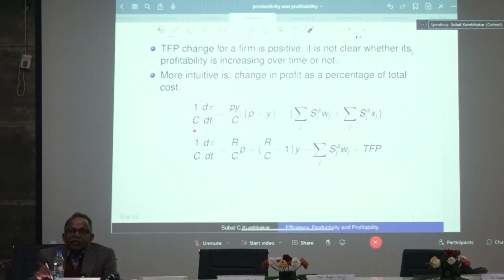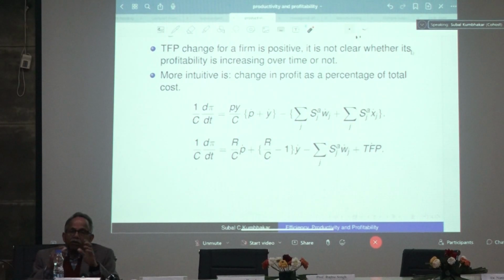And if change in profit is positive, then we just say the word profitability. We use the word profitability to mean profit as a percentage of cost. So that is positive. If a firm is earning negative profit, then again this measure is going to be negative, right? So we avoid the situation that we encountered in using pi dot.